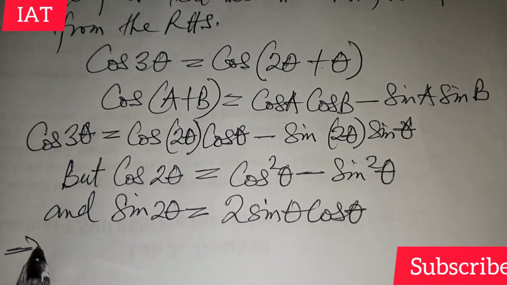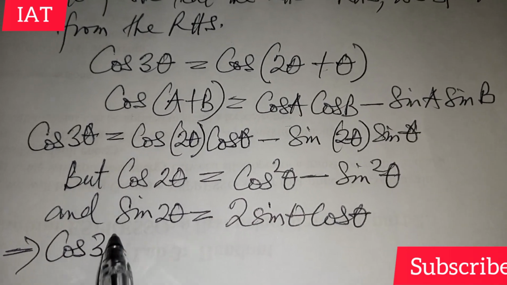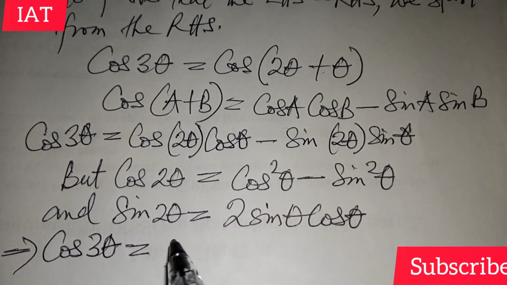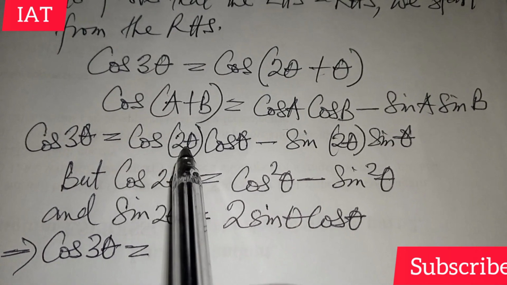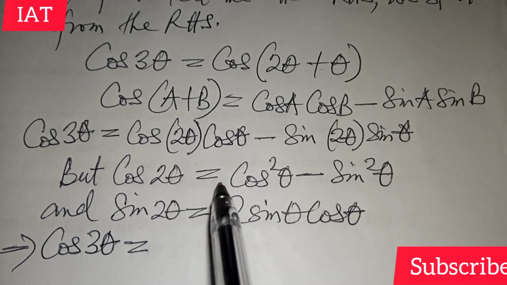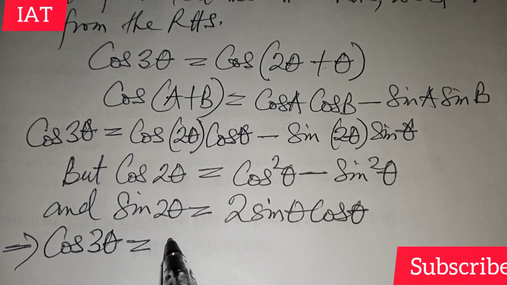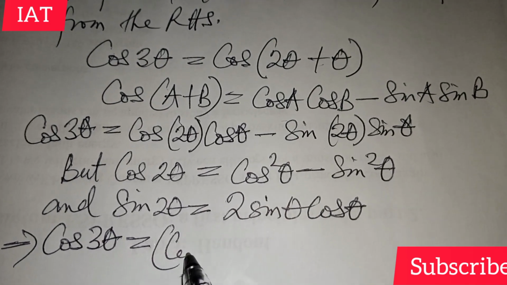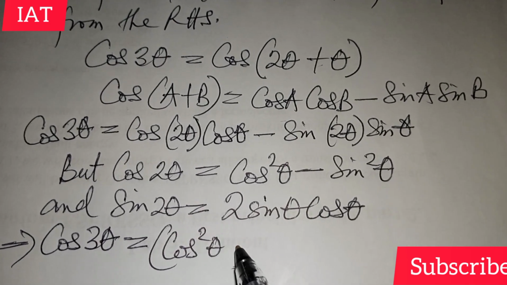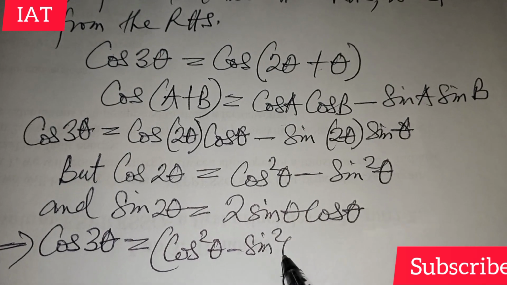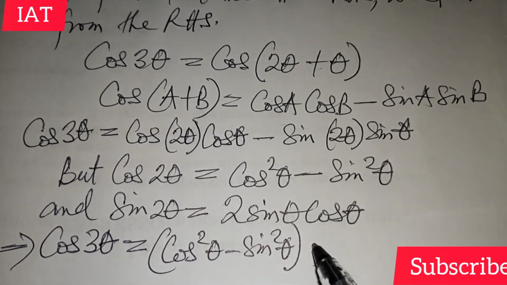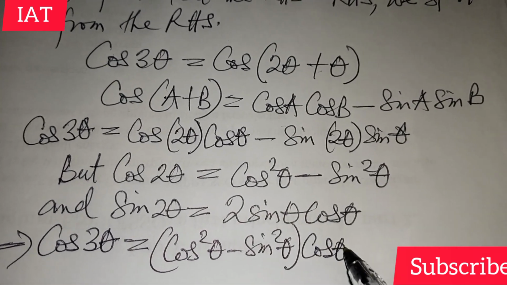It will imply that cos 3 theta will be equal to, in place of cos 2 theta, I want to replace it with cos square theta minus sine square theta. So I'll put it in brackets, cos square theta minus sine square theta, and this will multiply by cos theta.